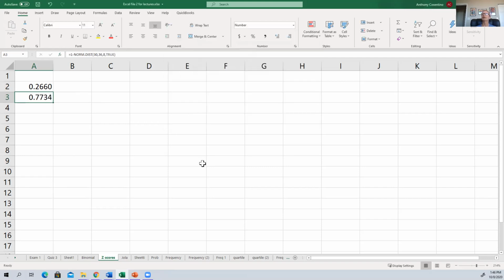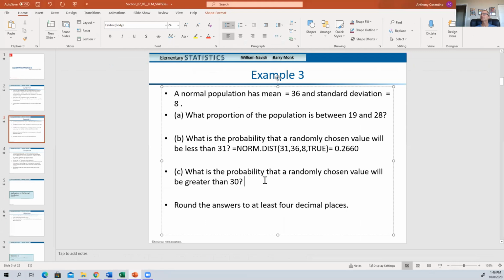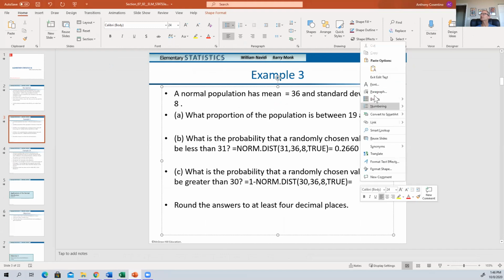So if you see that calculation, you get 0.7734. So let me copy and paste this, put this into our PowerPoint that I made up here. And so that would give you the answer.